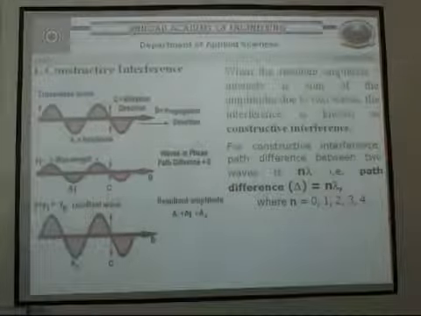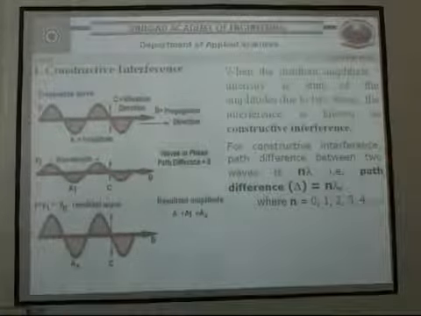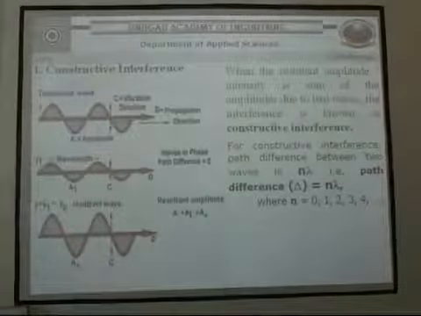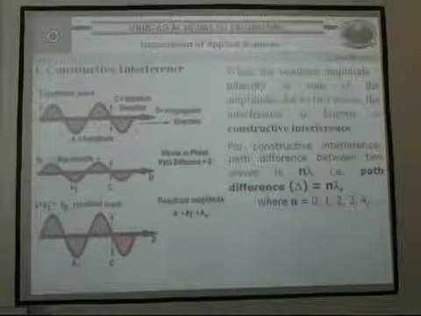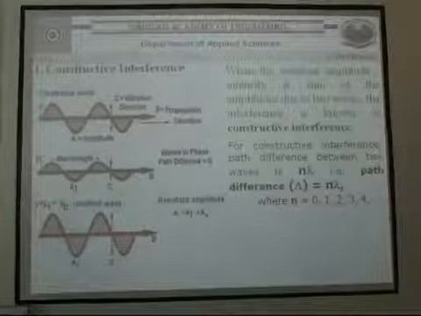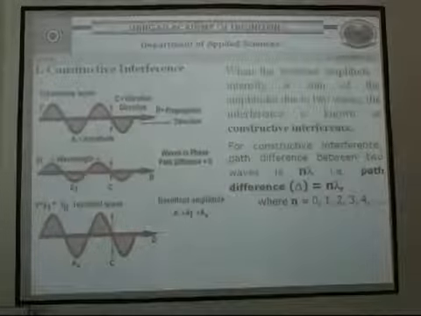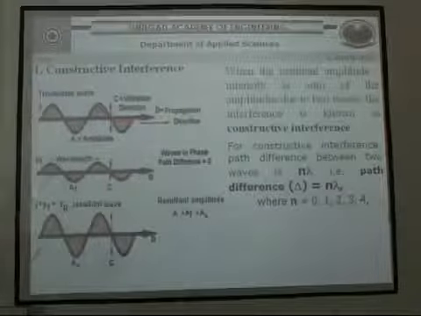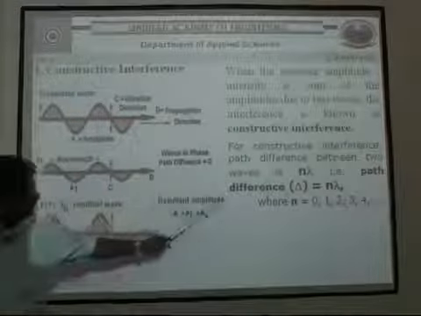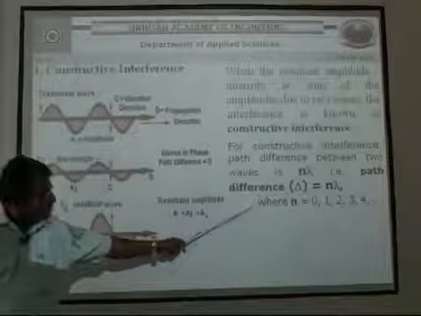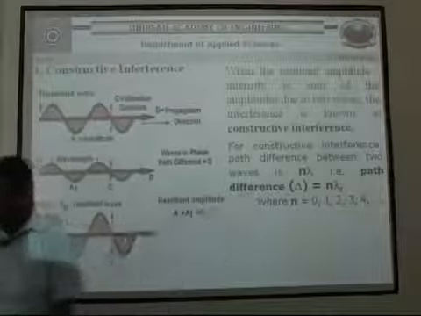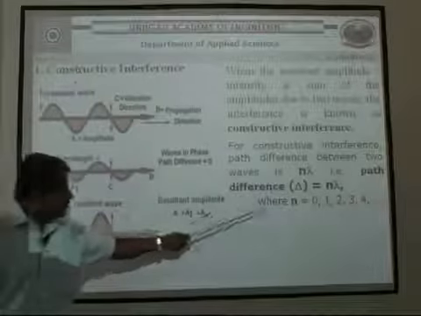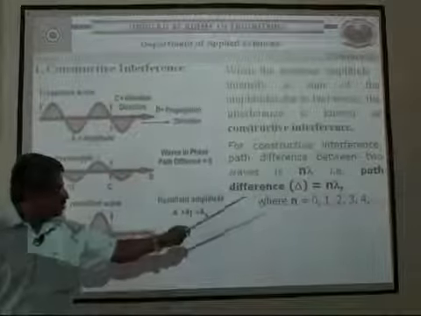Now, all of you know that for constructive interference there is one condition: path difference is equal to n lambda, where n is equal to 0, 1, 2, 3, 4. In first standard you have studied this, and therefore the very basic thing is that delta is equal to n lambda, where n is equal to 0, 1, 2, 3, 4.